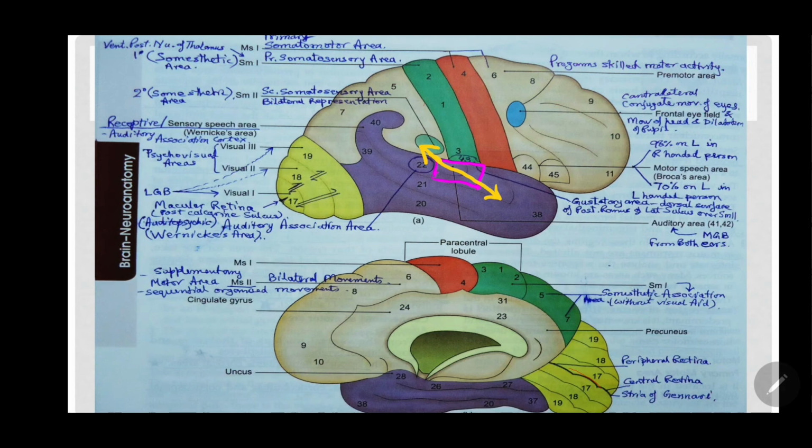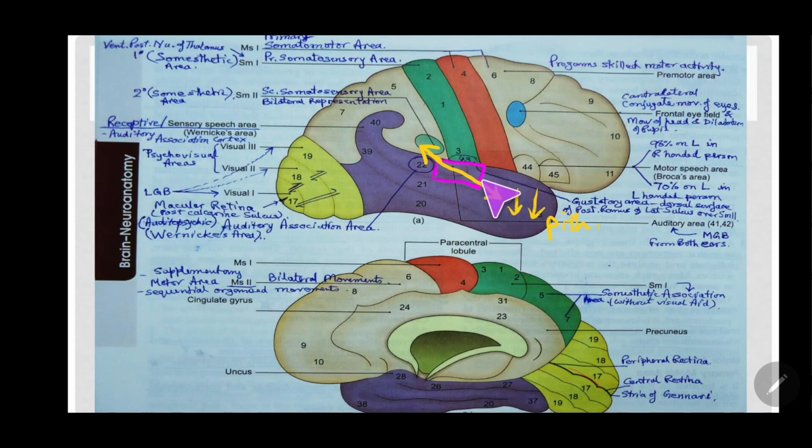The spatial orientation of the representation of the auditory radiations is according to the pitch of the sound. So the low pitched sounds are relayed here in the anterior portion, right, and the high pitched sounds relay in the posterior portion of the gyrus.